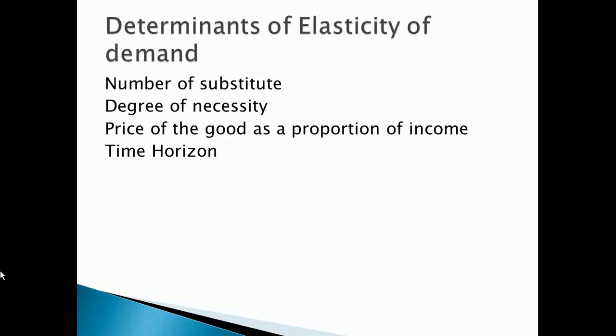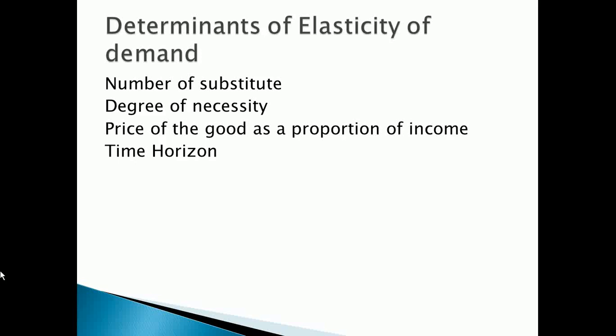And then the coefficient is obtained. Now, there are different methods of calculating elasticity of demand, but I'm using the percentage method because it is straightforward. Most students are familiar with them. Now, in your books, there are other methods that have been explained there. You can also read them for further clarification.